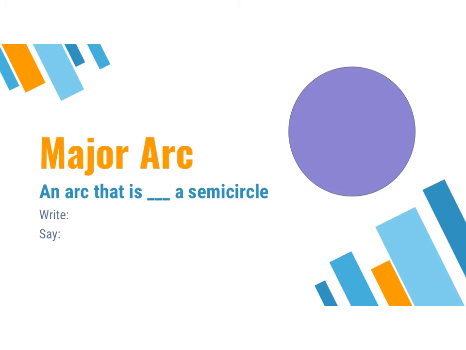A major arc then is one that is more than a semicircle. It's greater than that. And when you are filling in assignments on this, make it really, really obvious that it's a major arc and not a semicircle. So if I had, let's say, GHJ, I need to use three letters saying, it's like GHJ here.